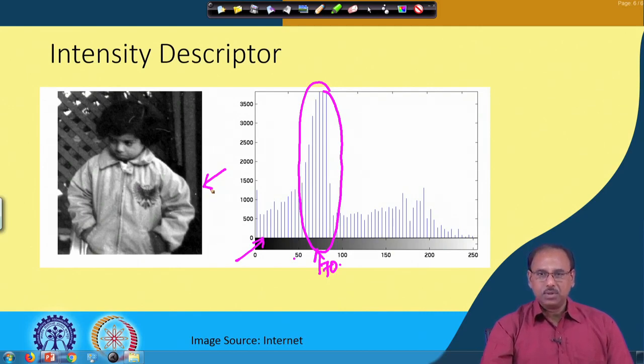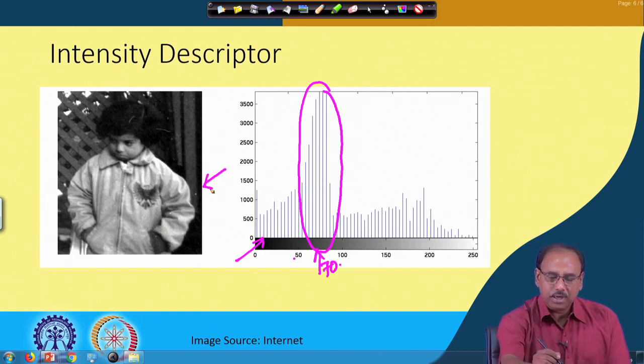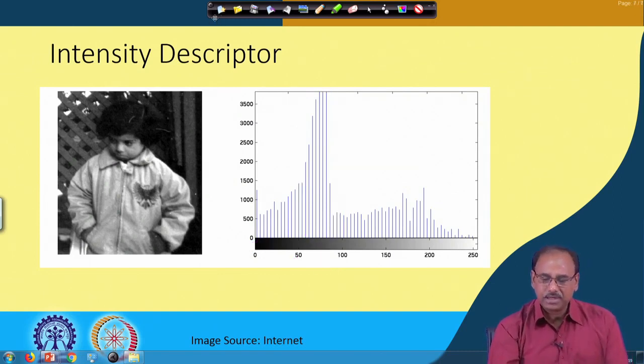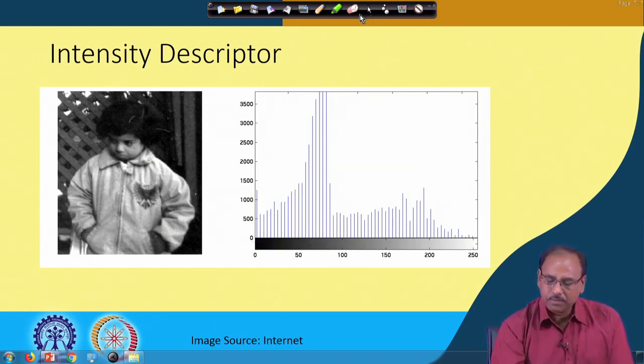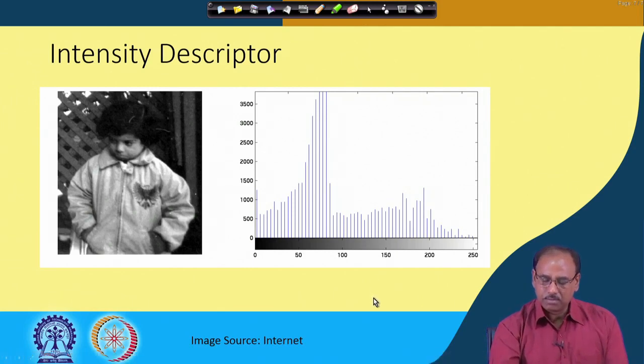It is captured within what is known as the intensity histogram. So, based on the nature or shape of the intensity histogram, we can find out different intensity descriptors. A very important approach for intensity distribution extraction is using the histogram shape.